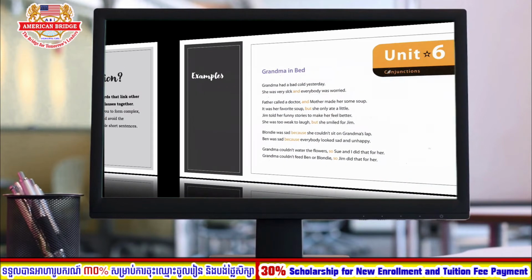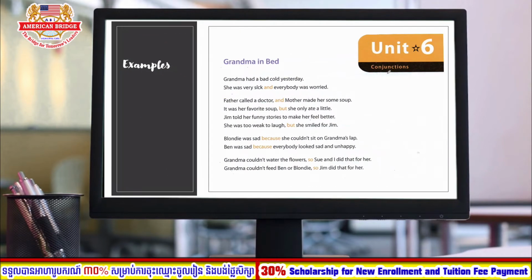To understand the word conjunction better, let's look at the examples provided in Unit 6 of your Writing Bright 3 books. Here the words in yellow are conjunctions. Let's read all of these examples to see how conjunctions are used in these sentences.